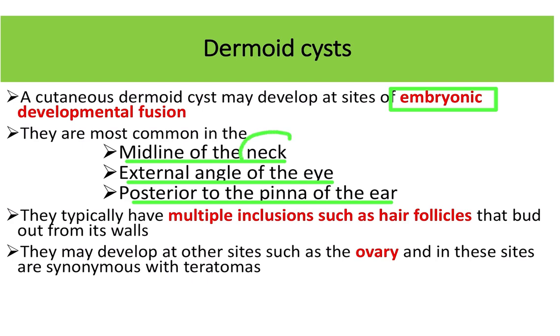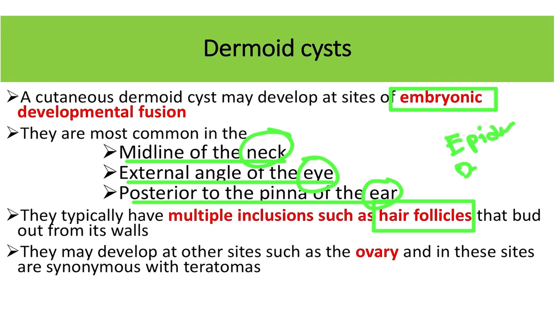That means the midline of the neck, the external angle of the eye, and the posterior part of the ear. They typically have multiple inclusions such as hair follicles. Since the dermoid cyst has an embryonal line origin, it may contain all types of tissue, including development from the epidermis, the dermis, the ectoderm, the endoderm, and the mesoderm.